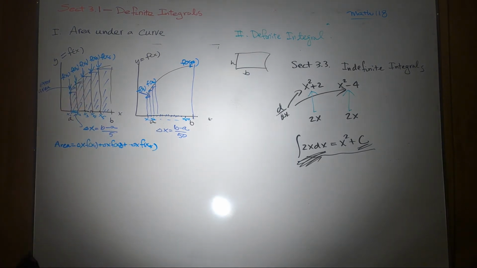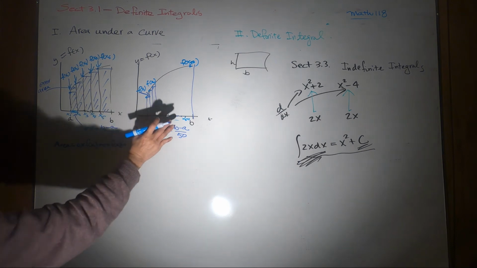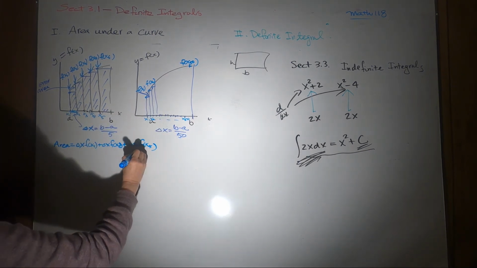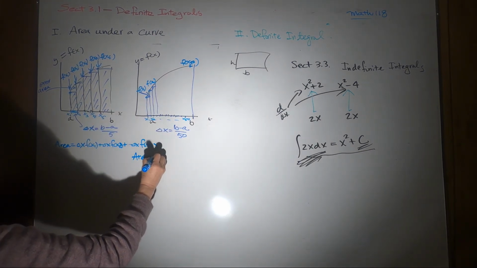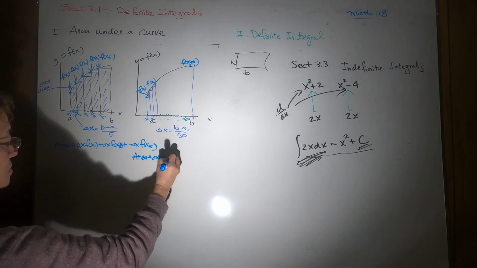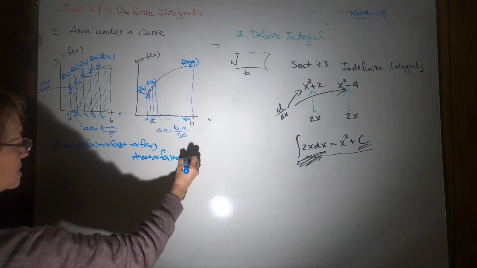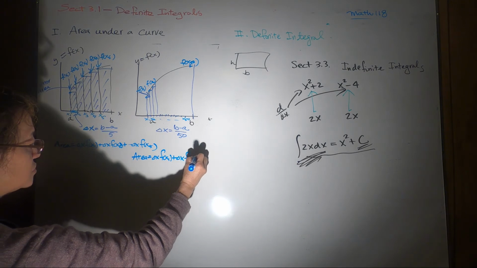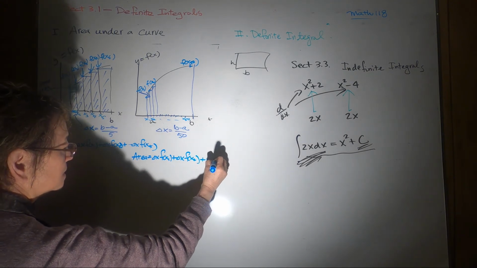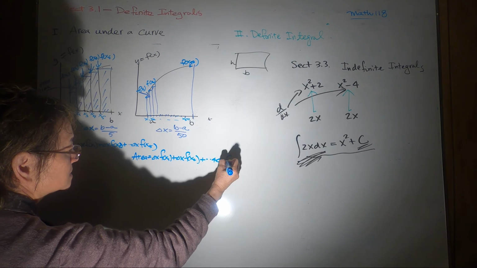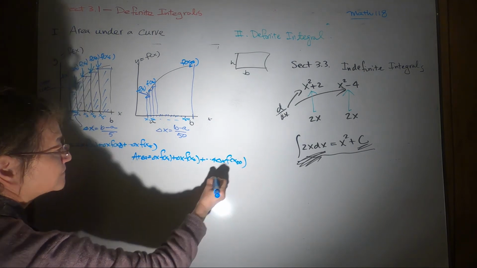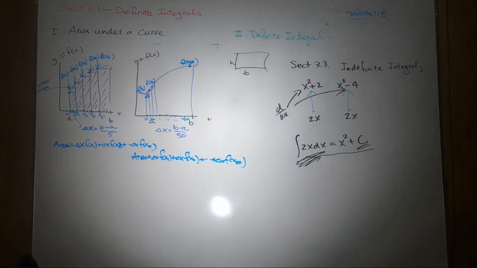For this one. If you split it into 50 areas, your area will be what? Delta x f(x1) plus delta x f(x2), 50 of them. The last one will be delta x f(x50). Okay?